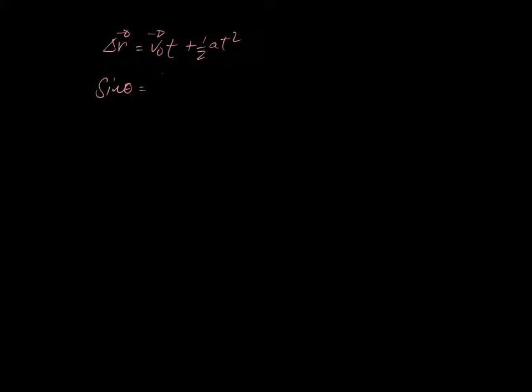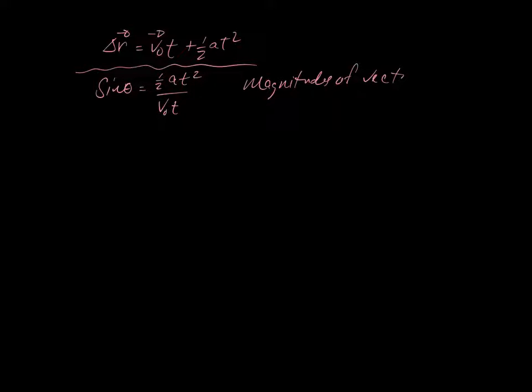So sine theta is going to be 1/2 a t squared over v naught t. Now I've dropped the vectors, and now I'm talking about the magnitudes of vectors. Okay? So this is a vector equation, but now I'm just talking about the relationships between the sides of that right triangle you saw on page 1.